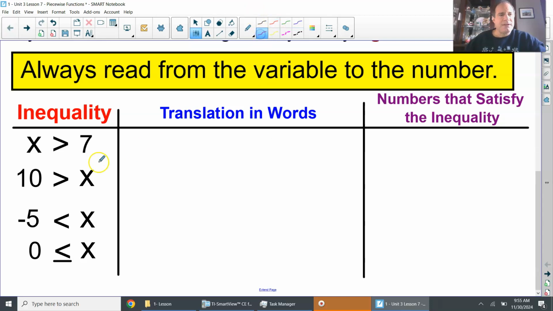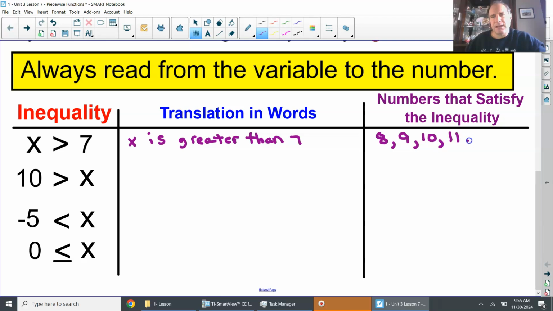So we're going to have x is greater than 7. So we're just going to say x is greater than 7. And the numbers that satisfy that inequality are 8, 9, 10, 11, and then we're going to put a dot, dot, dot to go on forever in that direction.